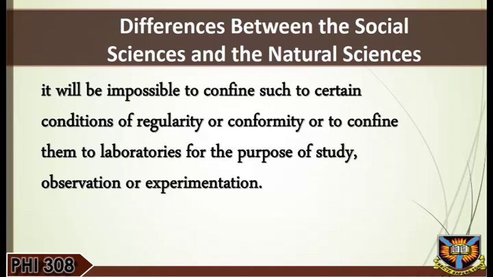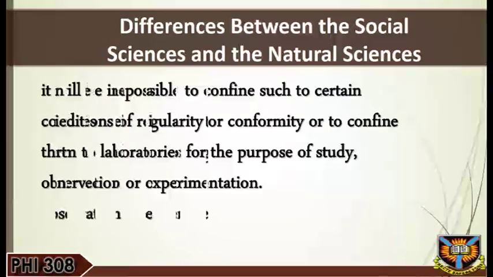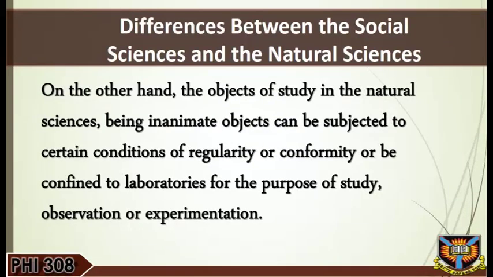This is because humans are sentient beings with volitions and free will, who act on the basis of intentions, reasons, and even emotions. On the other hand, the objects of study in the natural sciences, being inanimate objects, can be subjected to certain conditions of regularity or conformity, or be confined to laboratories for the purpose of study, observation, or experimentation.